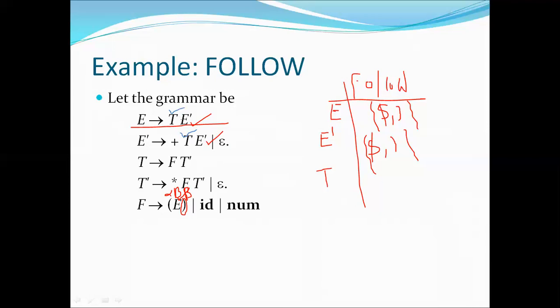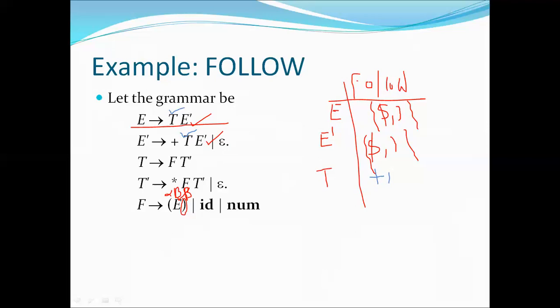According to the second rule, include the first of E dash. What is the first of E dash? We already know the first of E dash is plus comma epsilon. Here the rule is don't include epsilon, only include plus. Exclude the epsilon and substitute it here.